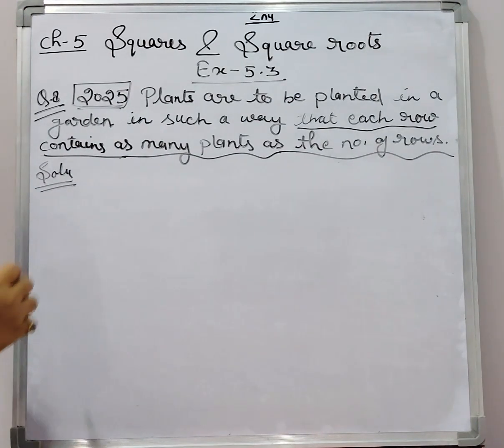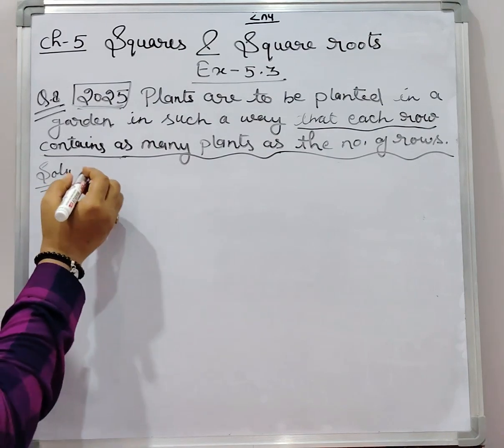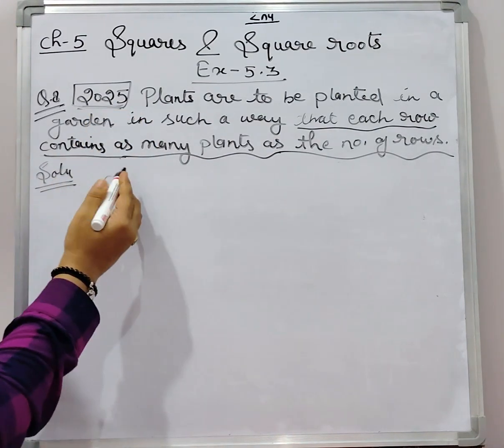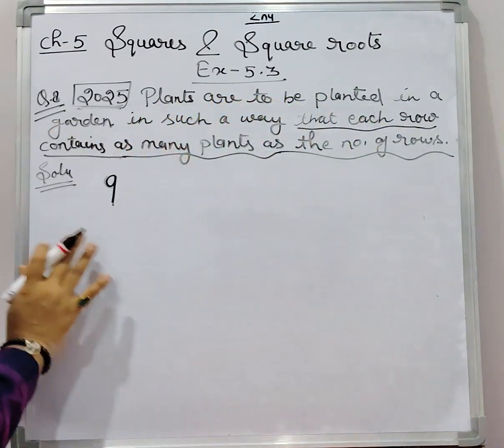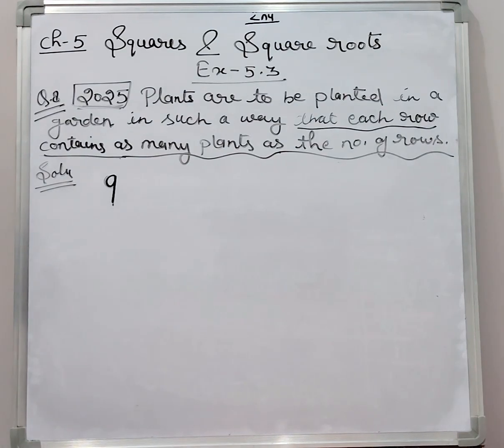Let's understand it by taking an example with a small number. For example, just assume 9 plants are to be planted in a garden in such a way that each row contains as many plants as the number of rows.